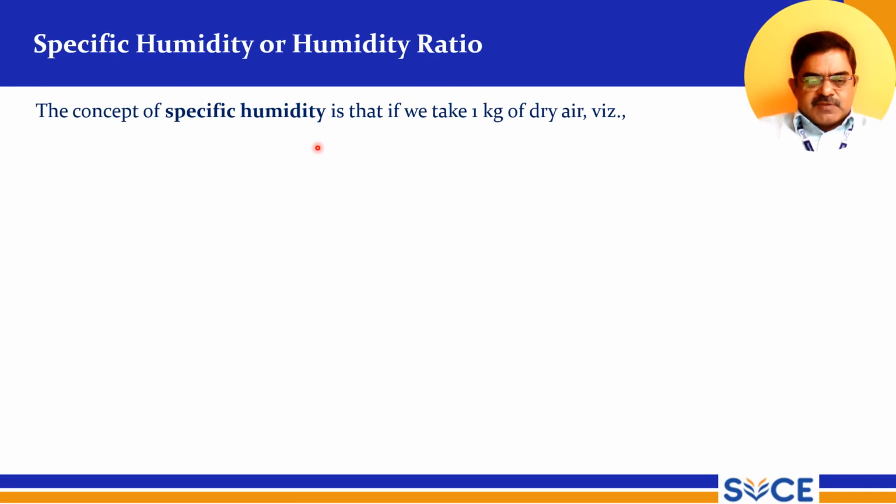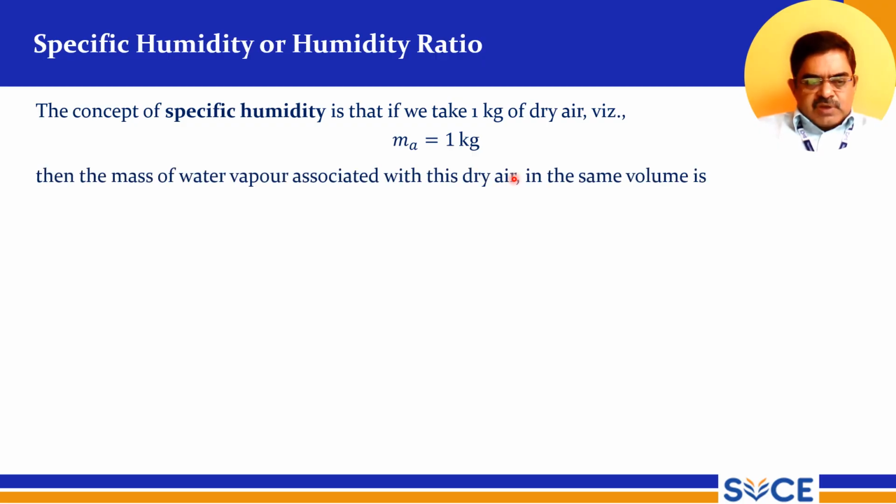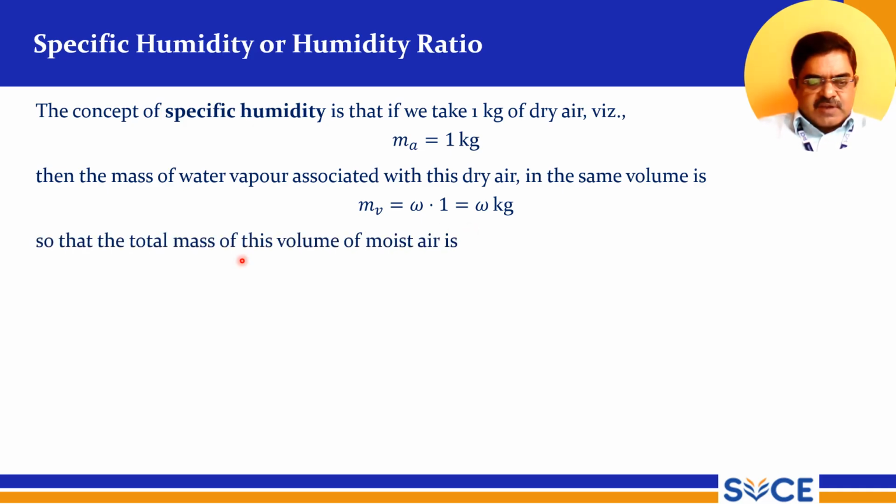The concept of specific humidity is that if we take 1 kg of dry air, so Ma equals 1 kg, then the mass of water vapor associated with this dry air in the same volume is given by Mv equals omega into 1, so Mv equals omega itself, in kg.